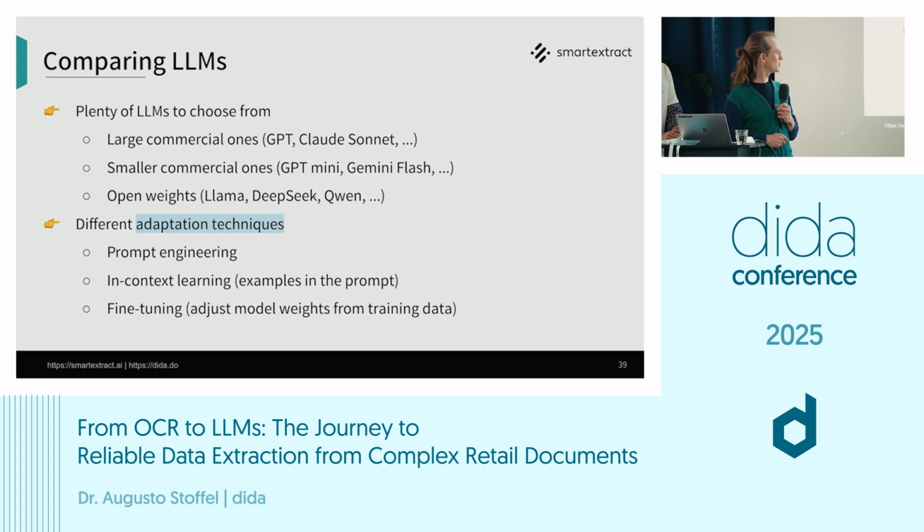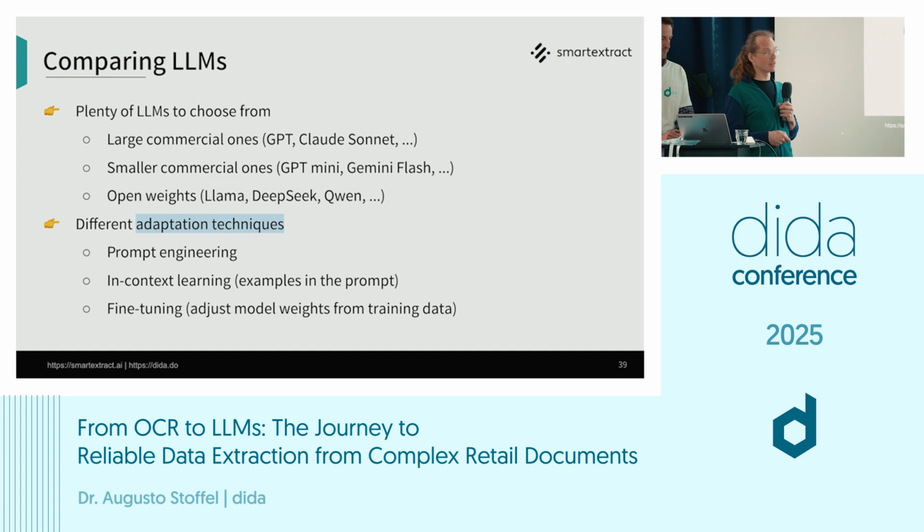To sound fancy, we could refer to this as in-context learning, right? And then the third option is to actually adjust the model weights using training data, like those who are in the field for more than a couple of years know this is what we always used to do, right? Have training data, fine-tune a model.